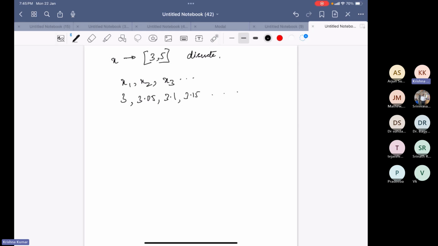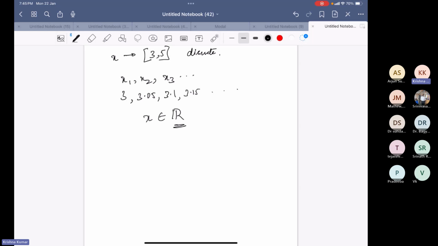Now, you brought in a very interesting point. I'm going to introduce another symbol for x. When I put this symbol, member of R, it means that x takes the values of real numbers.